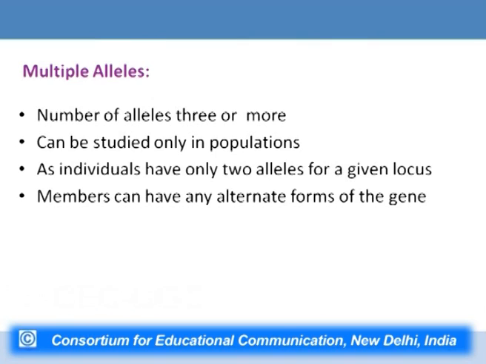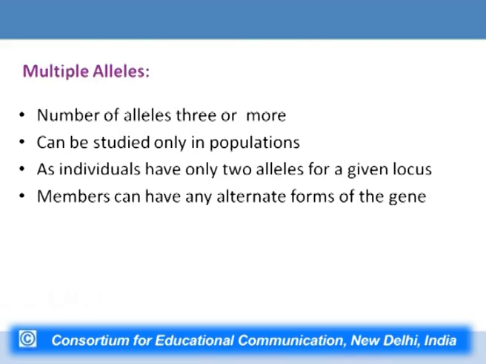Now, there can occur cases where a particular locus has more than 2 alleles. This particular combination might have a dominance-recessive relationship for various alleles, or it might have specific expression so that all the alleles get simultaneously expressed, that is codominance, or it might have an expression pattern where an intermediate phenotype results when more than one type of allele is present in the individual. So, multiple alleles are those alleles of a given locus whose number is more than 2 in the population.